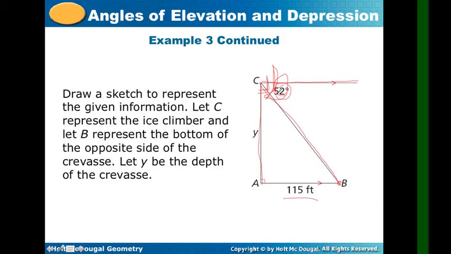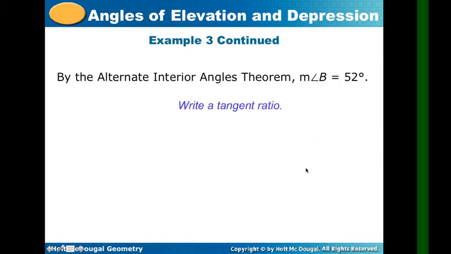The answer is 38. Or pwede natin gamitin yung alternate interior angle theorem. Kung 52 yan, therefore ito ay 52 degrees din. Nakakasunod? So using the alternate interior angle theorem, measurement of angle B is equal to 52.